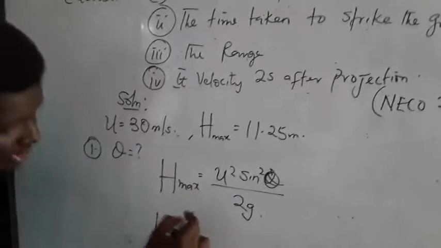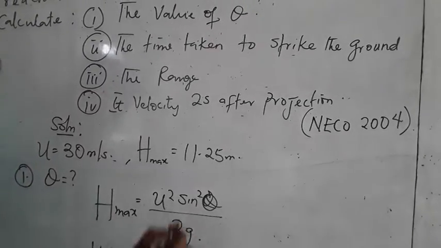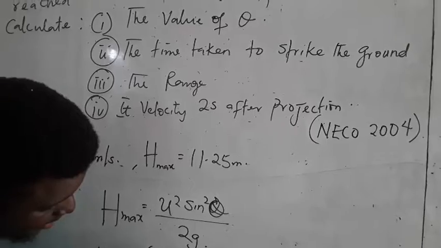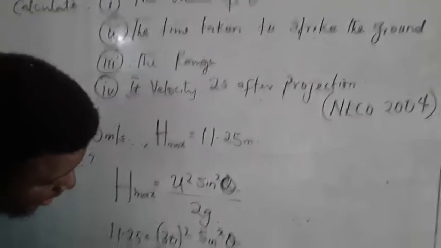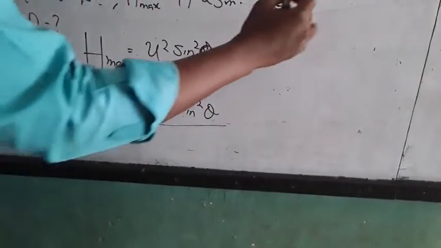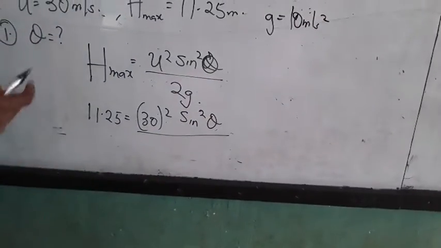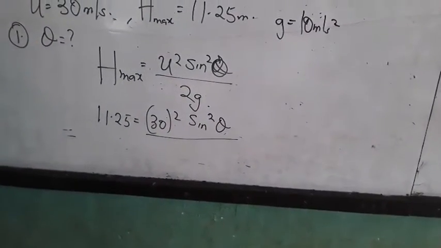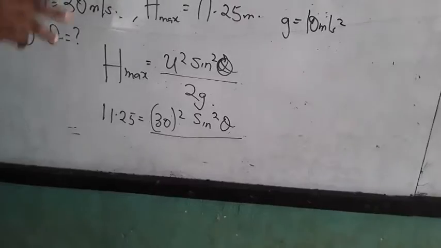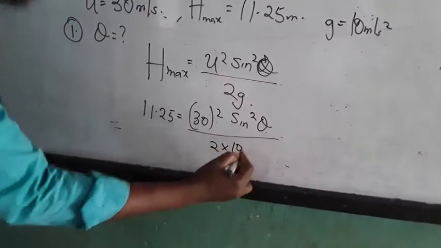Our u squared is 30 all squared, and we don't have this sine squared theta, over what? And you know your g. Take your g as 10 meters per second squared. Sometimes they might give it to you, sometimes they might not, but you know that your g is a constant. So we have it as 2 times 10.